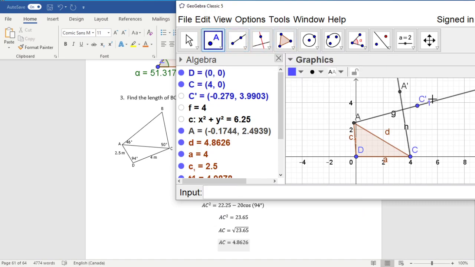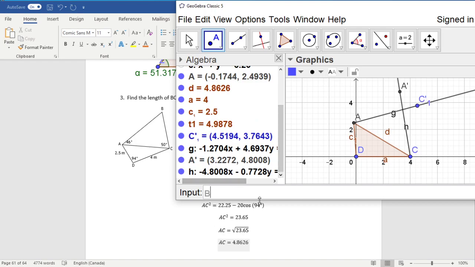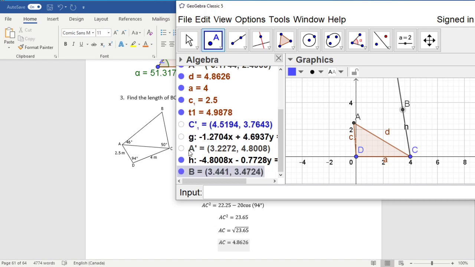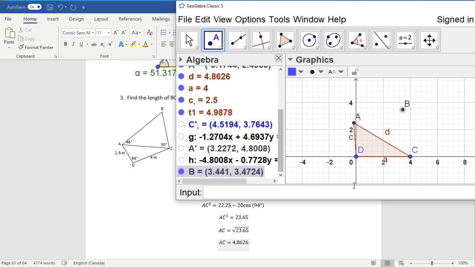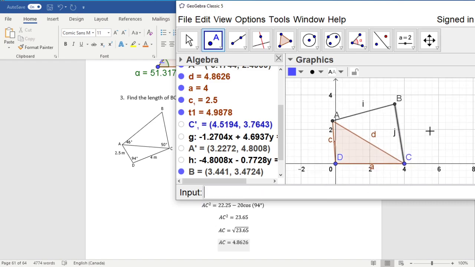And now I know where point B is, so B equals intersect the two rays, so GH. So there's point B. Now we'll just get rid of the rays and these extra points. And then we can just go segment BA and segment BC.